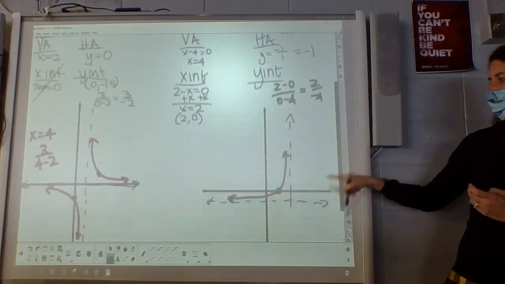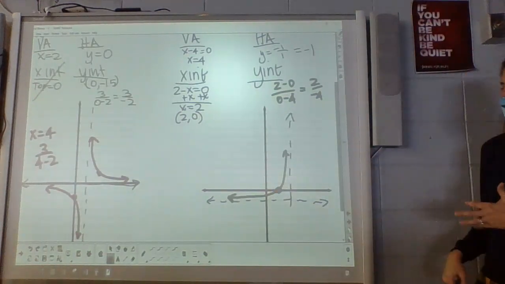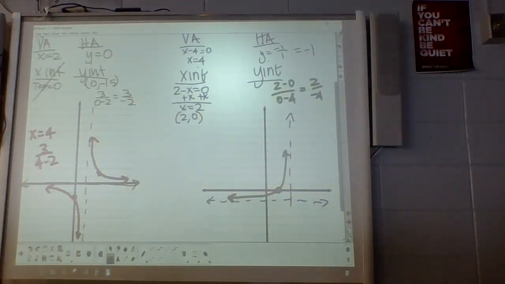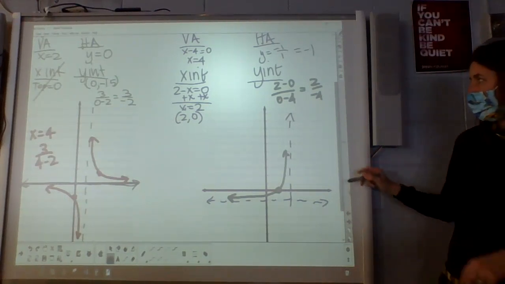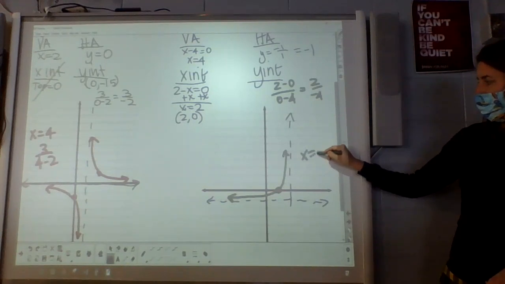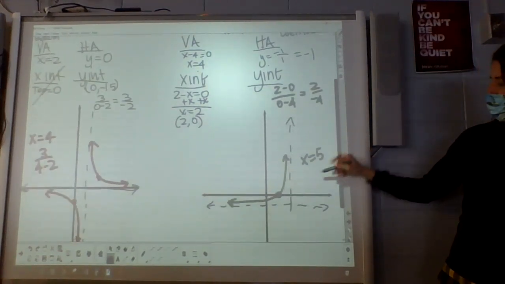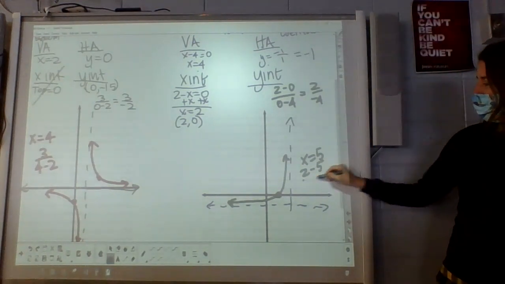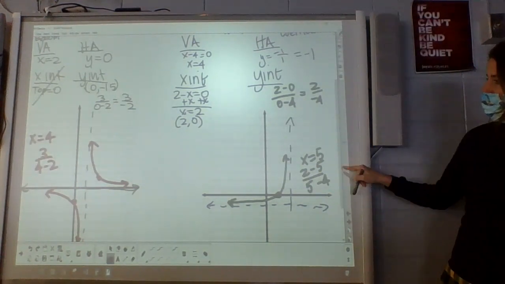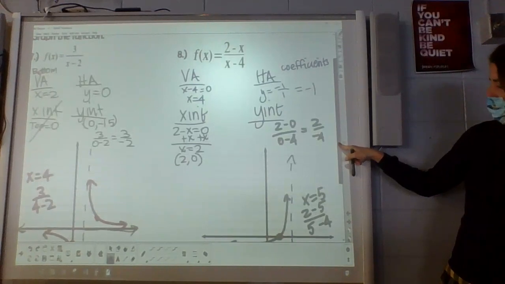Okay. So, bottom equals 0. So x minus 4 equals 0. So x equals 4 is my vertical asymptote. Horizontal asymptote. Now this time, there's the same number of x's on the top and the bottom. Do you guys remember what I look at then? Whatever's in front of the x.